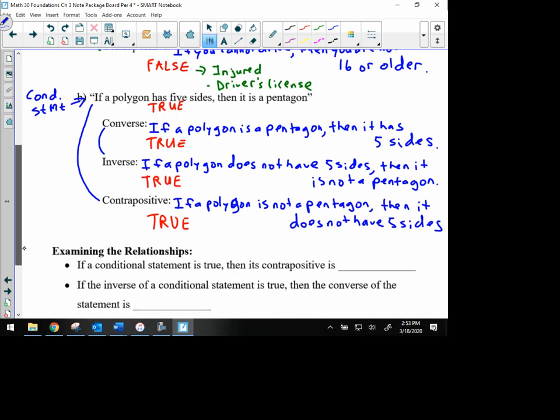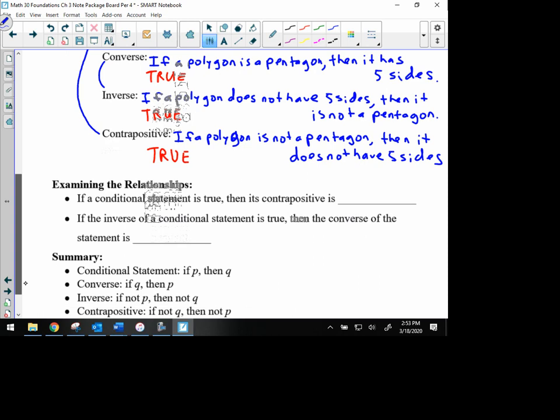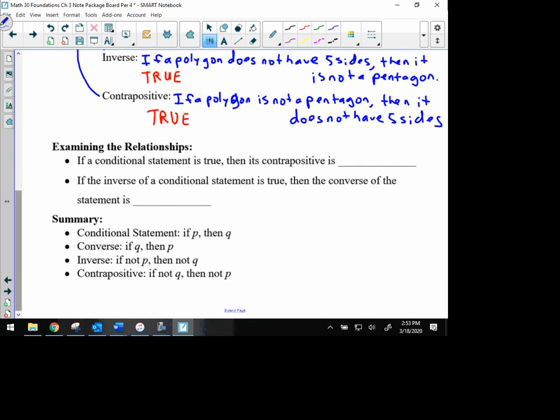But we can fill in the blanks with that relationship. If a conditional statement is true, then its contrapositive is true. So contrapositive goes with conditional statement. The next one, if the inverse is true, then the converse is true. The inverse goes with the converse.